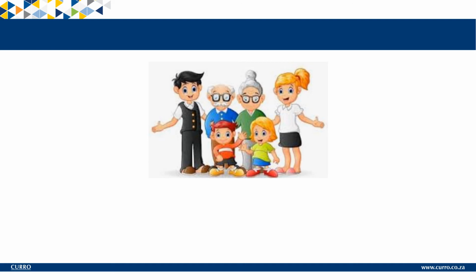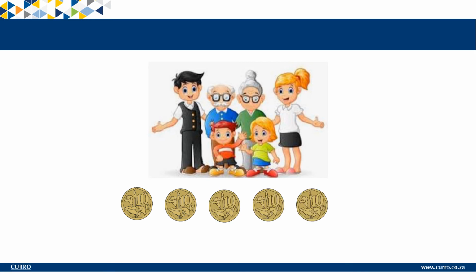So we're going to have 6 10-cent coins. Let's count in 10s to add how much money we will have. 10, 20, 30, 40, 50, 60. That's right. We will have 60 cents altogether.